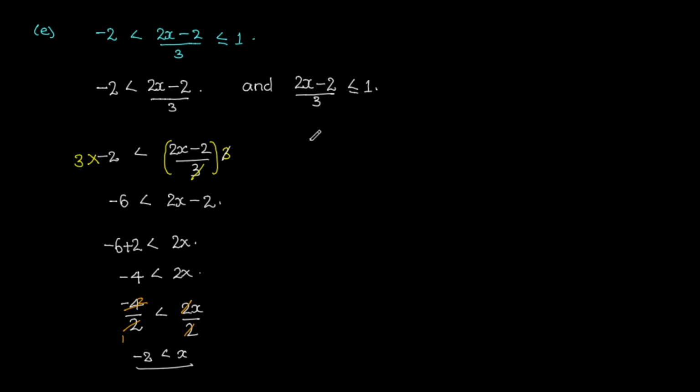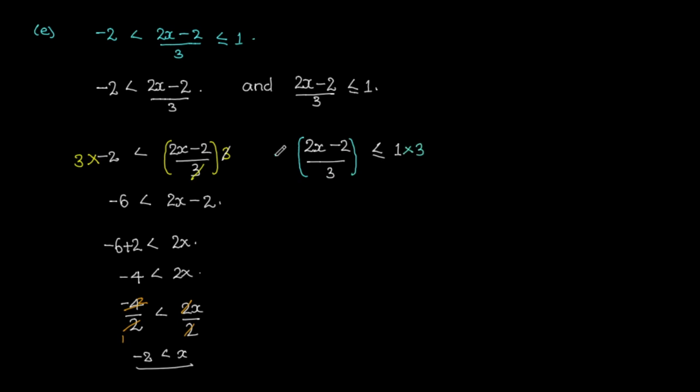From the right, we can do the same, where we can recopy our 2x minus 2 over 3. This is less than or equals to 1. And we can move on and multiply this by the denominator. Indirectly, this is LCM of 3 and 1, because this one is also standing over 1.